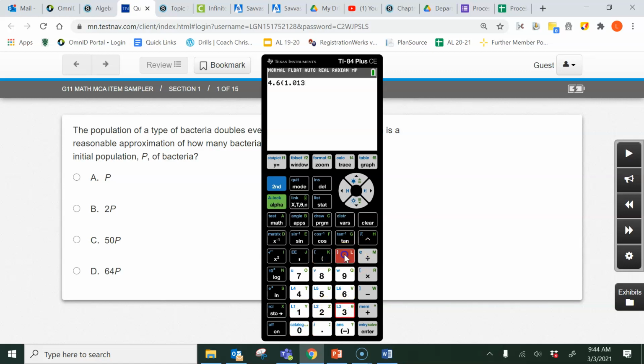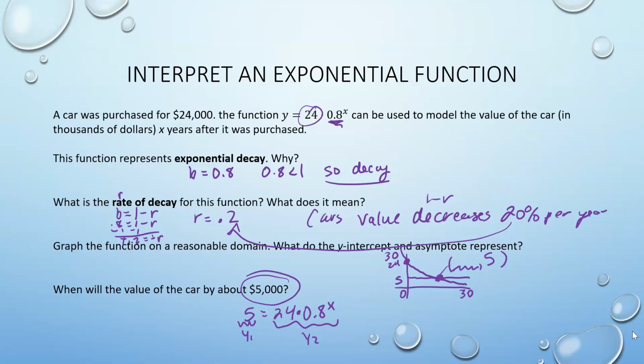You need to make sure you close your parenthesis, and then anytime you have an exponent bigger than 2, you do caret key, and then that number. So we did to the 30th power. So you do have to be able to type in exponentials. So again, when we typed this in, we got about 7 point something. So after 7 years.